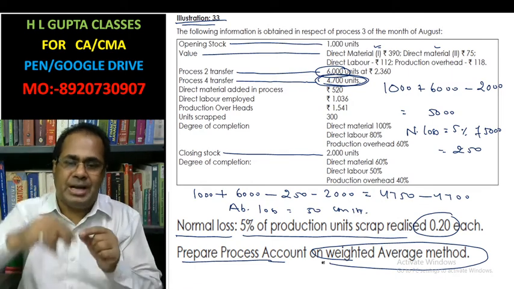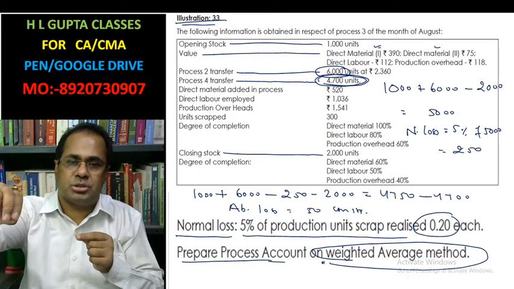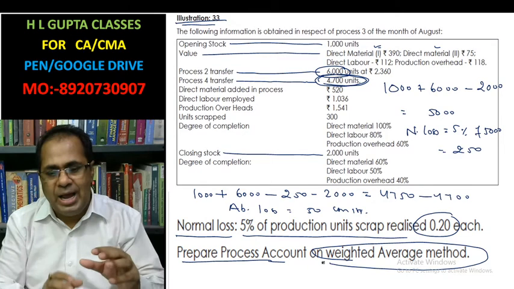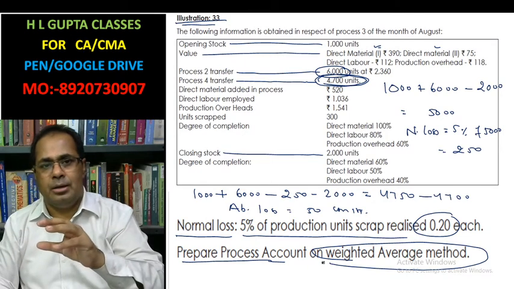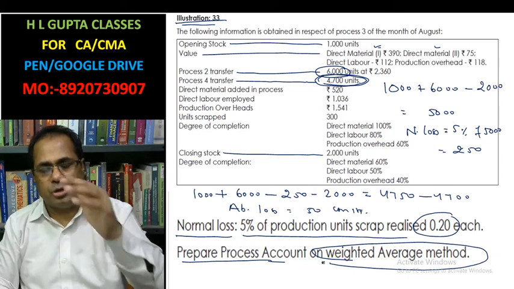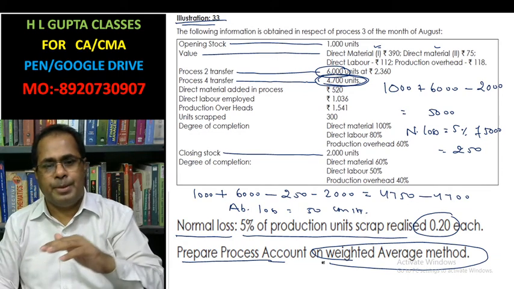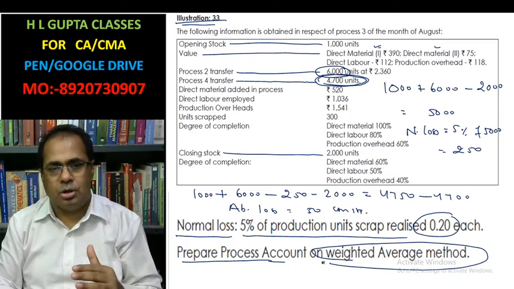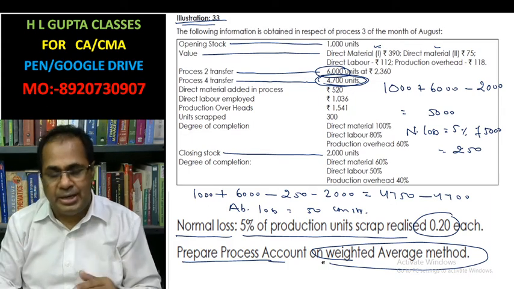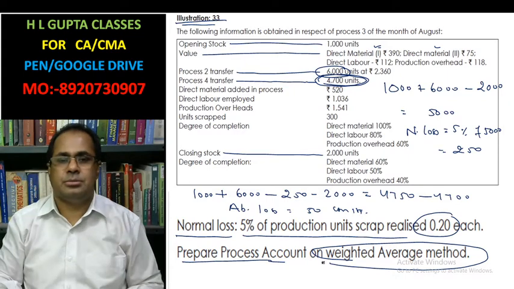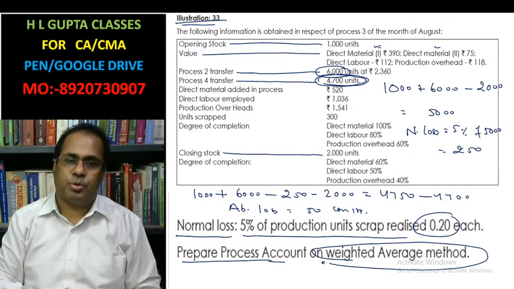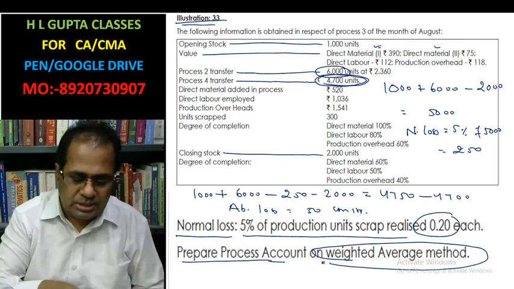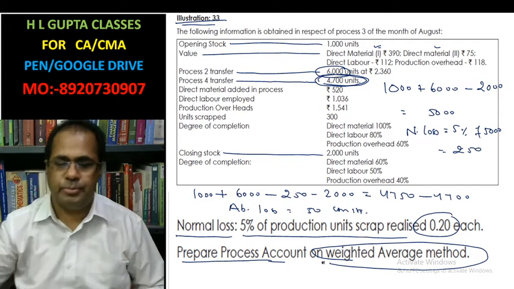We have completed all the last questions of equivalent production units using the FIFO method, in which we separately completed the remaining units. But in the weighted average method, opening stock is completed 100% under the current process. This is the difference. Please concentrate on my solution, then you will understand more.